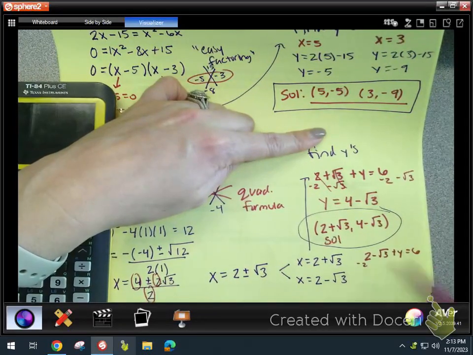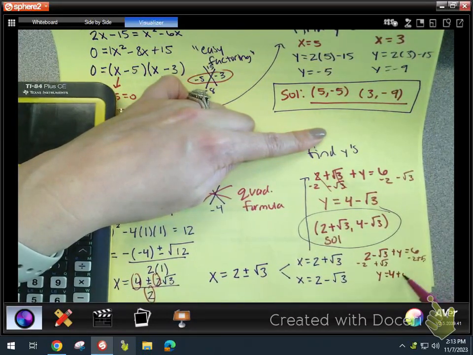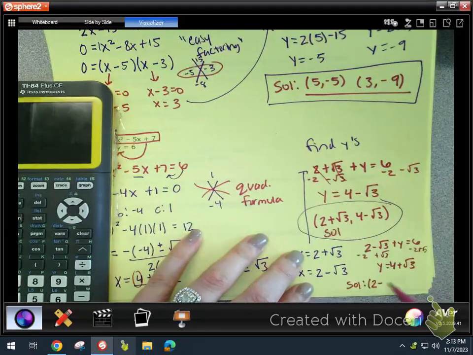Again, subtract the 2, add the root 3. 4 plus square root 3. So your other solution is 2 minus root 3, 4 plus root 3.